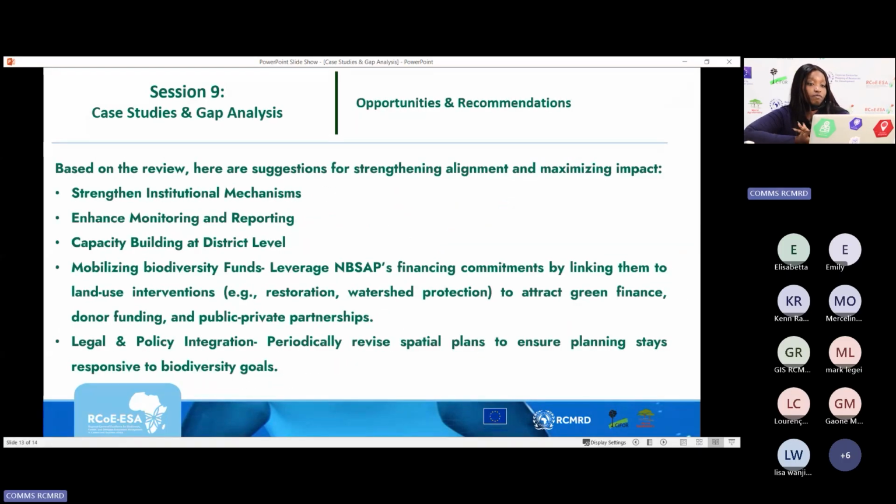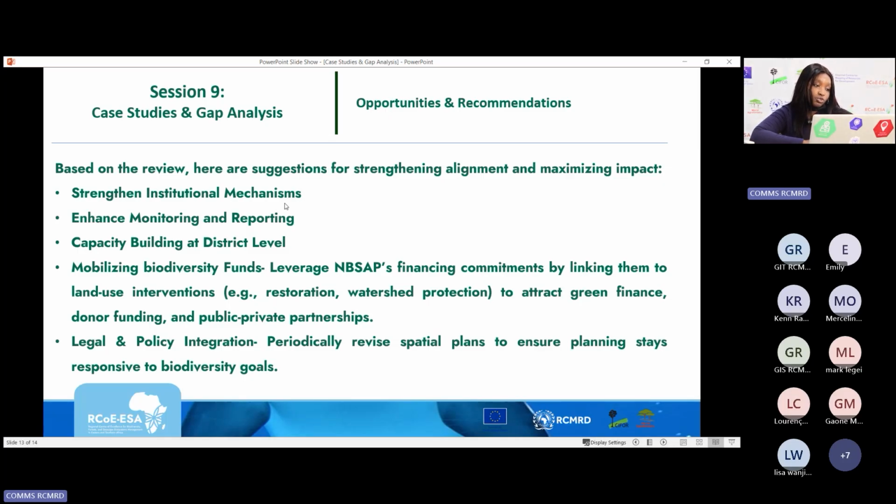So in terms of opportunities and some of the recommendations that we can get from this case study. Based on this review of Rwanda's two key documents, we need to strengthen our institutions. We need to strengthen the people who are in charge of implementing these strategies, who are in charge of leading the entire country, including the region, into achieving these key strategies and goals.